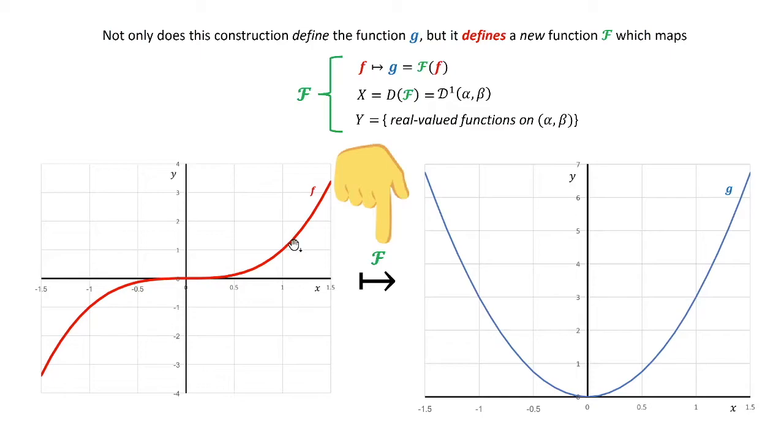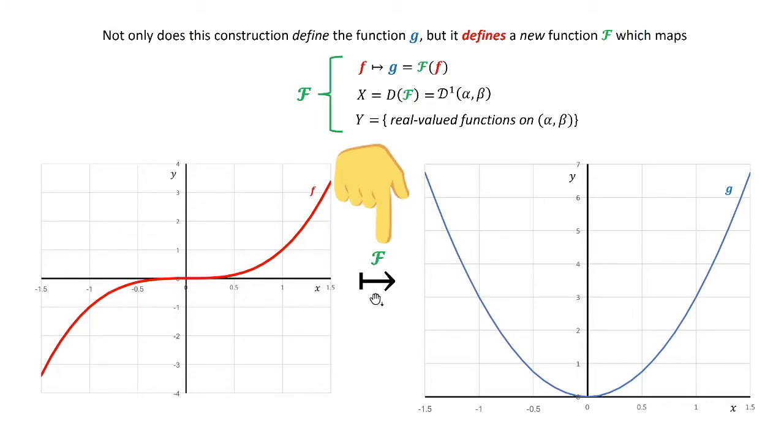So the relation is a function. The input is not a number. Notice the domain here. It's going to be differentiable functions, functions who have a derivative at every point, because that's how I generated g. And the range is going to be, okay, we need to be more technical, but essentially let's say functions. So a function that's differentiable goes on the inside, and I get a function on the out.